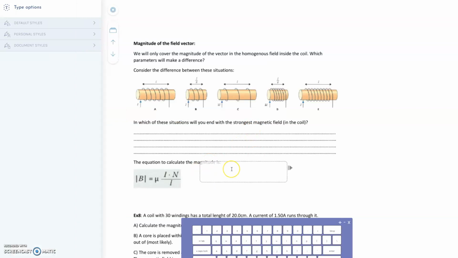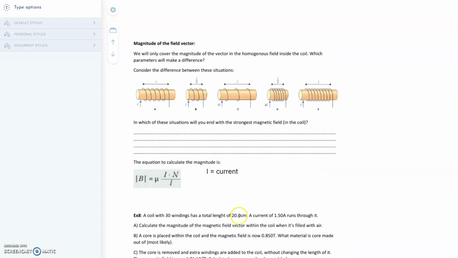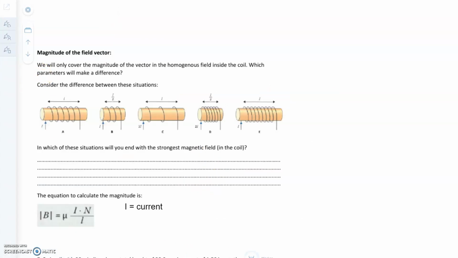We notice that our magnetic field vector is directly proportional to the current that flows through it. Now, this is annoying because the symbol of current and L, when you type it, a capital I is the same as a lower l, so that makes it difficult to interpret. Otherwise, it's going to look like we have the same symbol twice. So I'm just going to add these two to indicate that this is the current.